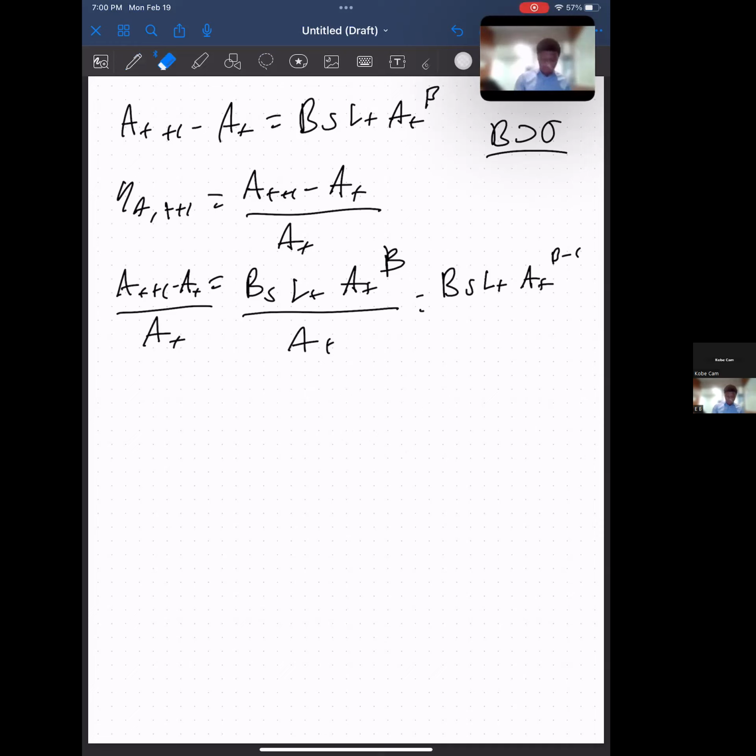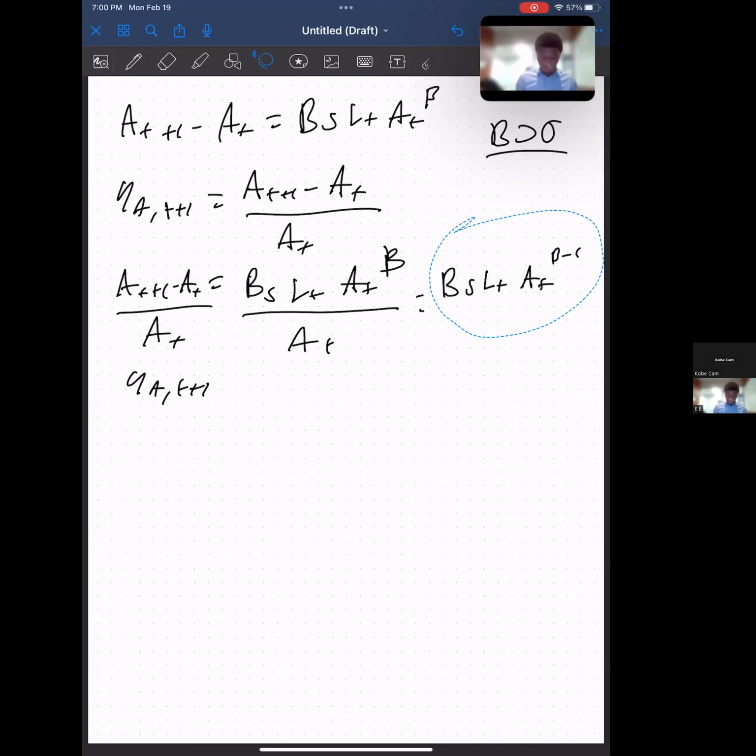In any case, now we have this equation for our growth rate at t plus 1. And this is great and all, but remember, we're trying to get the growth rate of A at t plus 1 in terms of the model parameters and g, the growth rate of A at t. So we're not done here.